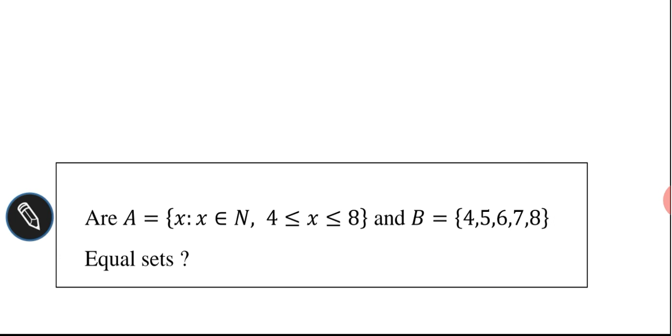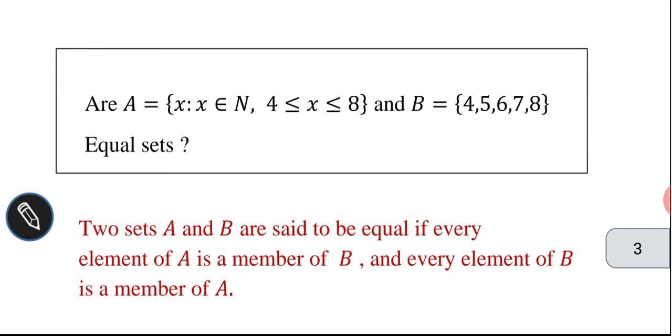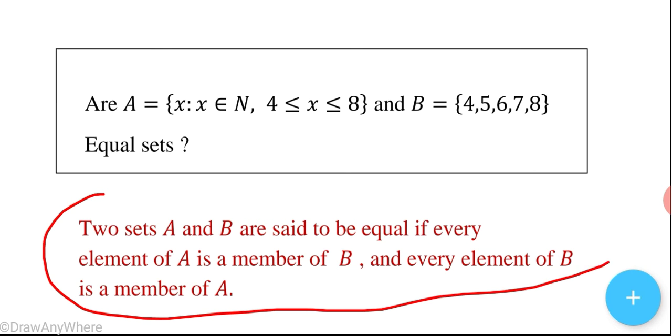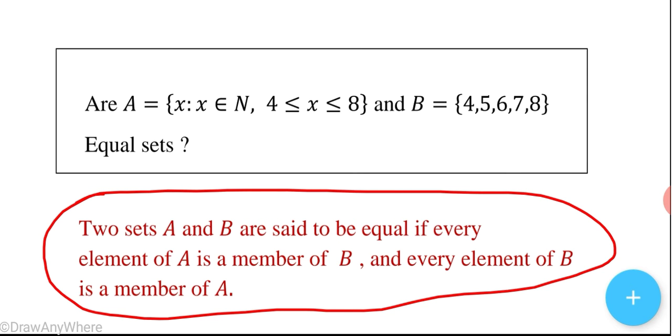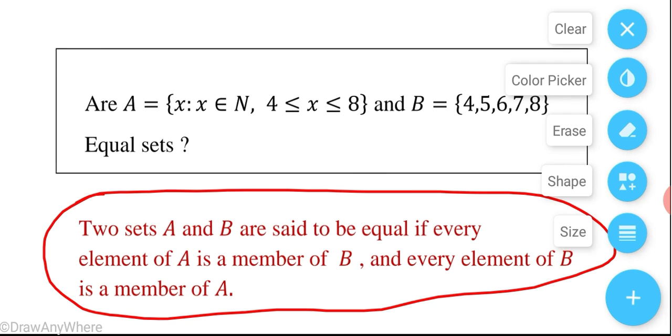Two sets A and B are said to be equal if every element of A is a member of B and every element of B is a member of A. So we are going to check whether the given sets satisfy this condition or not.